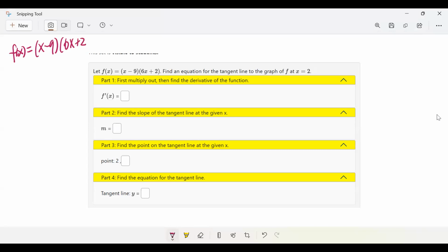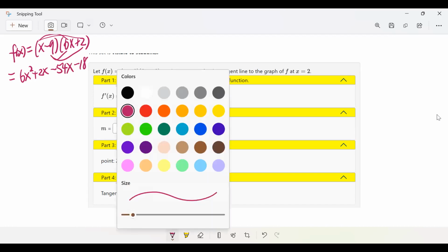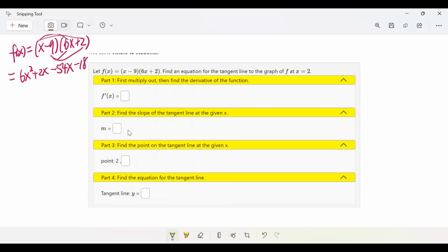To FOIL this, we get 6x squared times 2, that's 12x squared, and 9 times 6x is minus 54x, and 9 times 2 is minus 18. And combine like terms, right? The middle two are like terms. Combine them. That's 12x squared minus 52x minus 18.